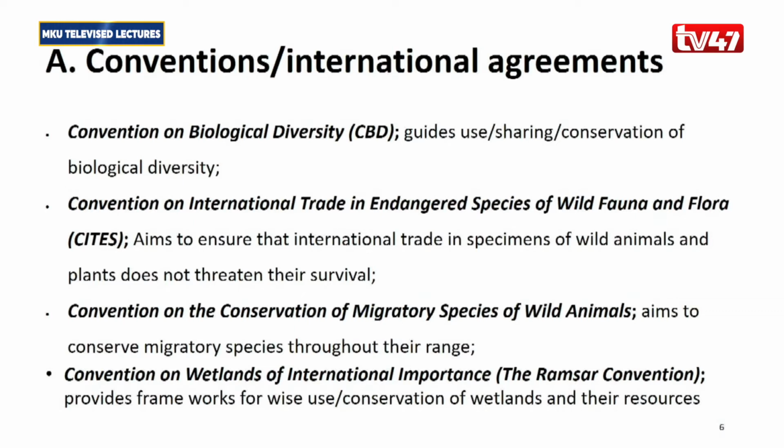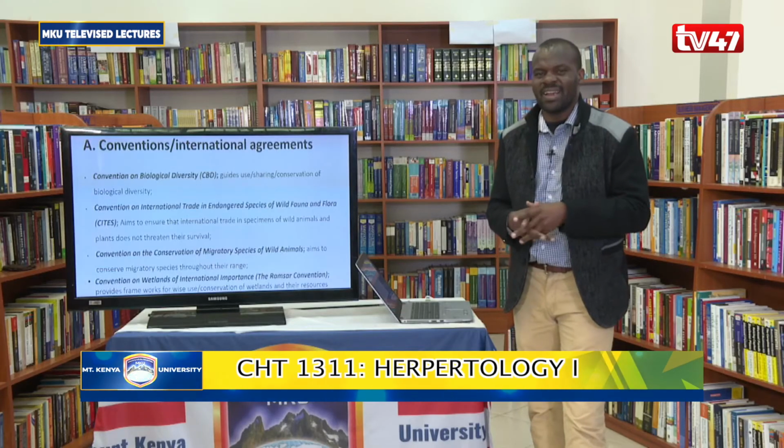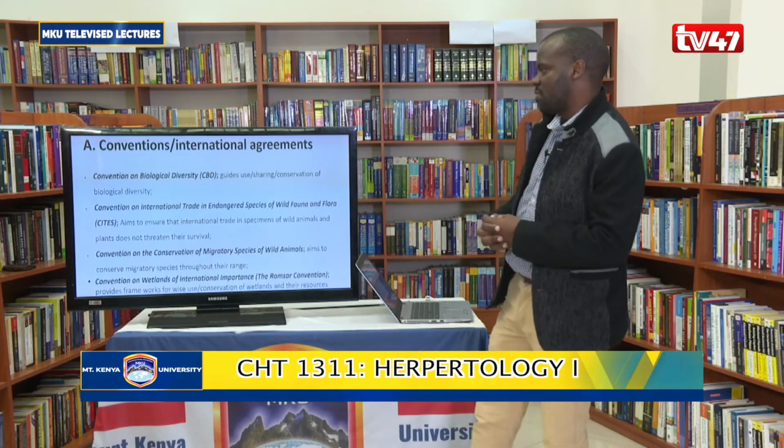Now, why am I saying use, sharing, and conservation? It is simply because we have some resources that are important, that bring in foreign exchange, and whatever produce is sold from these resources can also aid and help the community that is near that resource.